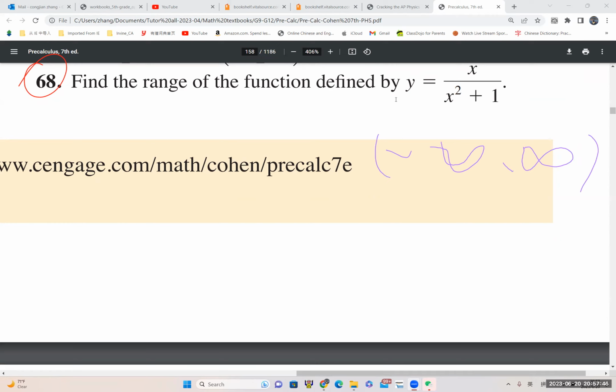Cool. Are you sure? How do you know? Just by guess? It's a proper rational function. Proper rational function. You mean you did this before? A similar problem before? Oh, okay. Anyway. What if it was square root of -1?